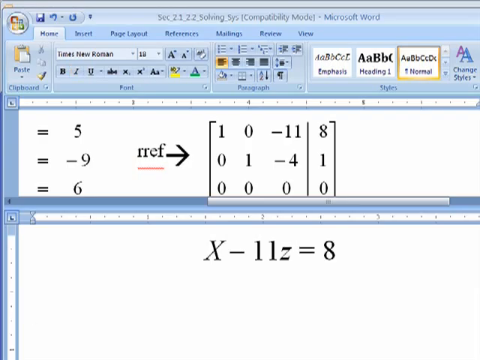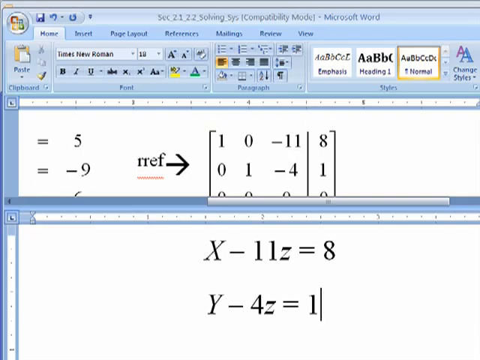And the second row would tell me y minus 4z equals 1. And then the bottom row just tells me 0 equals 0. Well, that's true. 0 is equal to 0.